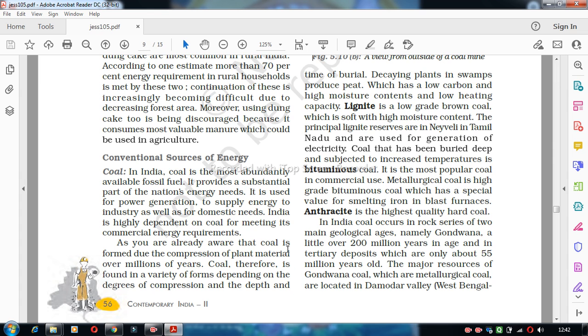Next, peat is from the swamps, which is low carbon and high moisture content coal, or low graded coal.